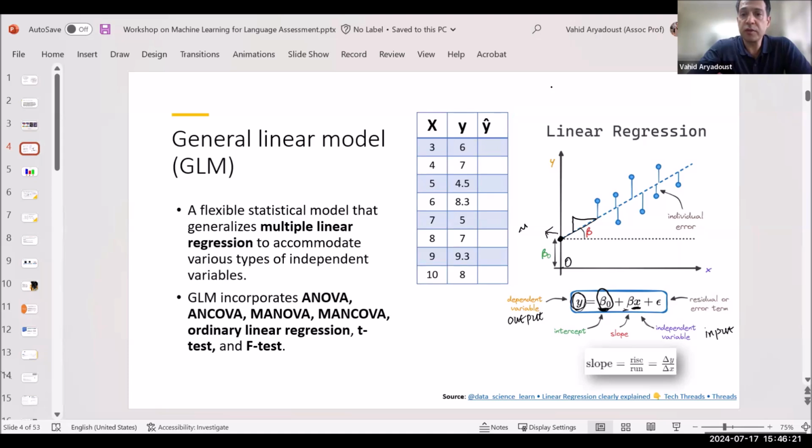The dots represent the amount of x and y in the table beside it. Now, there is always a difference between each of these dots and the line. So the distance, for example, between the first dot and the line itself is this much, whereas the second one is this much, the third one is this much, and so on and so forth.